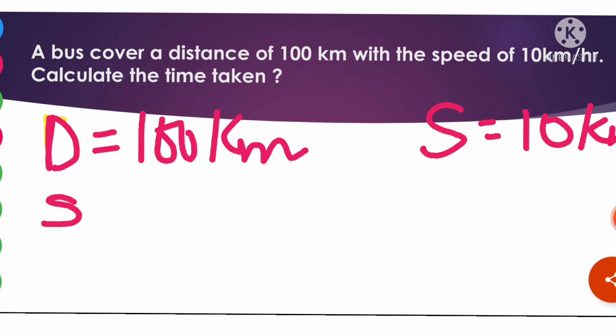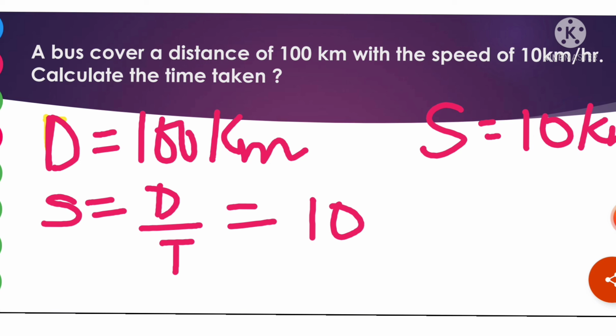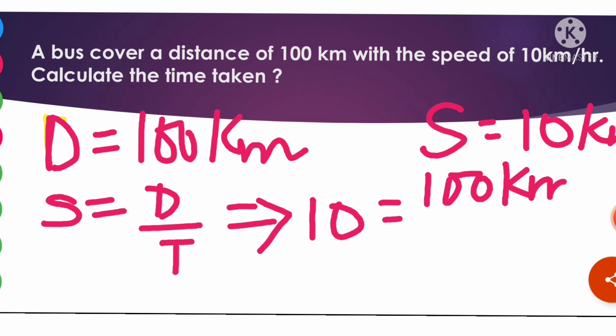Now it is again the same formula. No matter whatever they ask, you have to use the same formula. Speed is equal to distance upon time. Now put the values. Speed is 10. What is the distance? Distance is 100 kilometer, and time we do not know. Okay, now let's cross multiply.